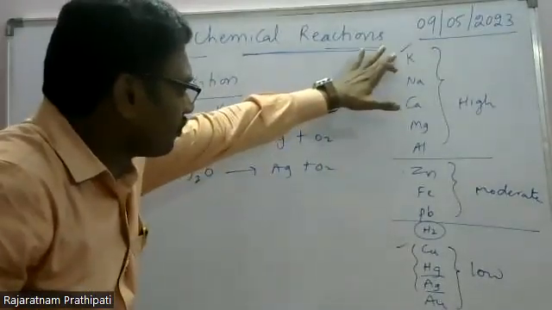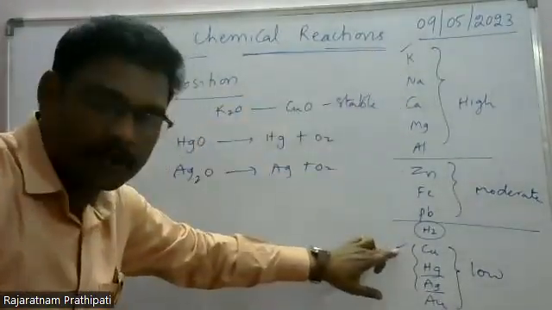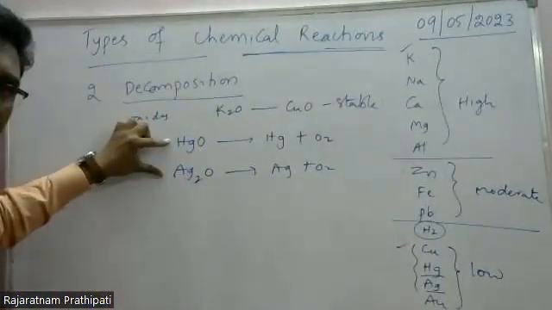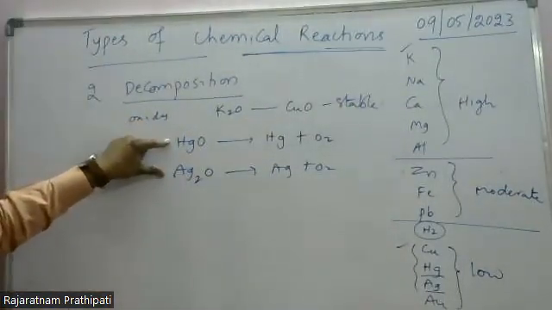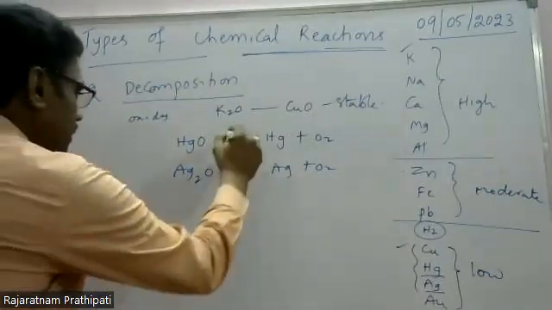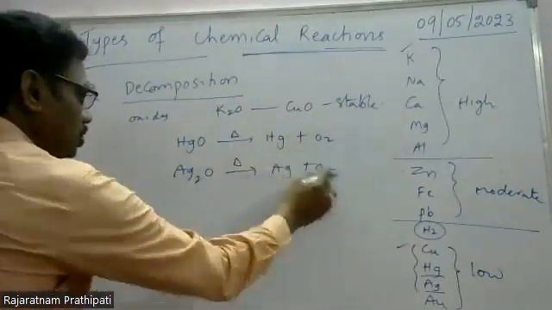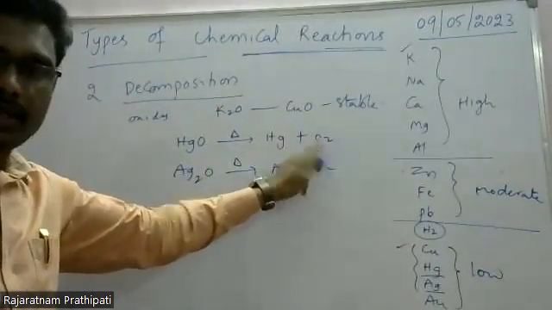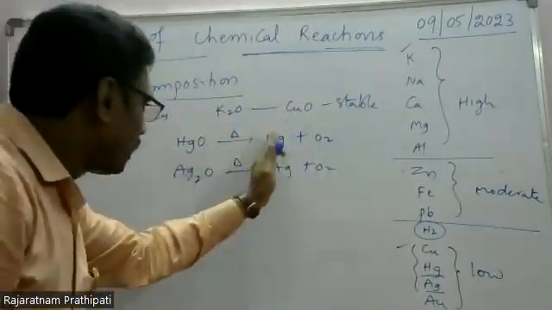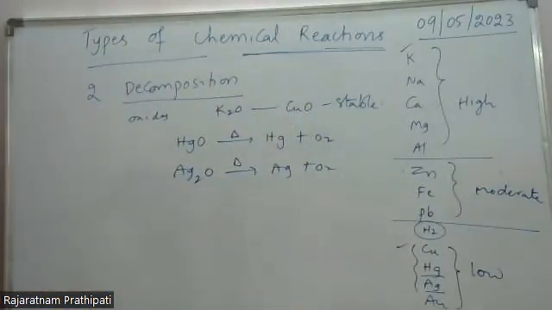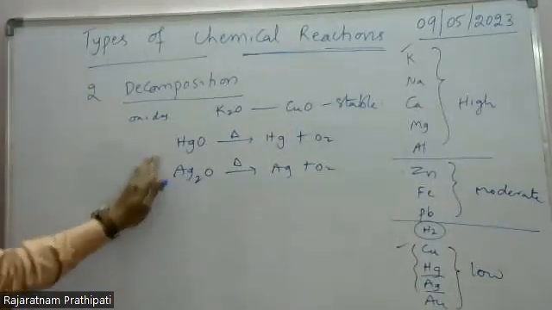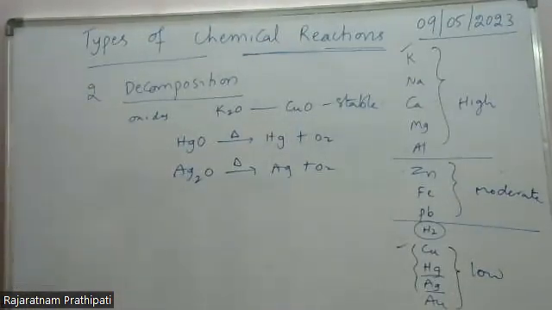From potassium to copper, these are stable oxides. Here these are thermally unstable oxides. When we heat these, they decompose to metal plus oxygen. These are thermally unstable oxides.